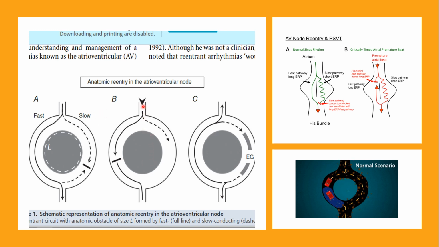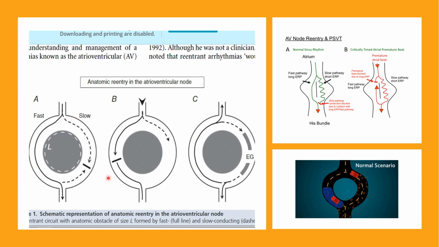Here we see in this picture a re-entry circuit with an anatomic obstacle of size L formed by the fast and slow conducting limbs. This anatomical obstacle may be due to ischemia or anything. So surrounding it we have two limbs of conducting pathway. One is the fast limb, another is the slow limb.